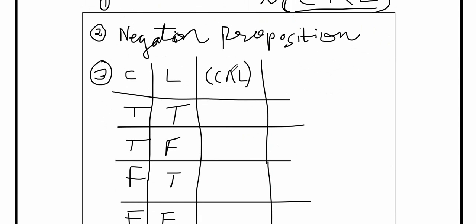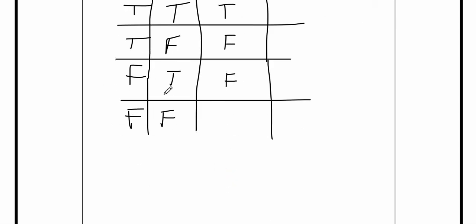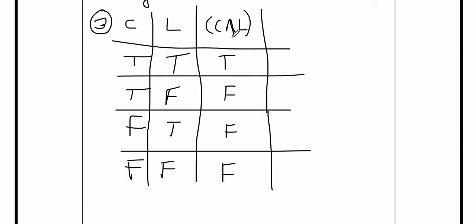For the conjunction, both have to be true for the result to be true. So this is the first premise, this the second premise. Only when both are true will the conjunction be true. So true, true gives true, and the rest will all be false because both are not true.